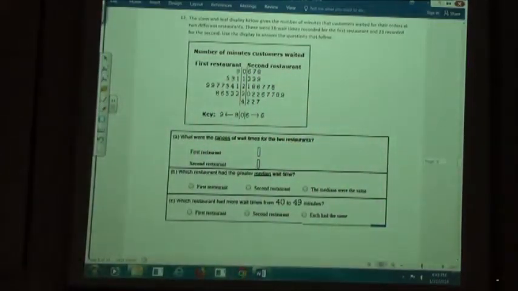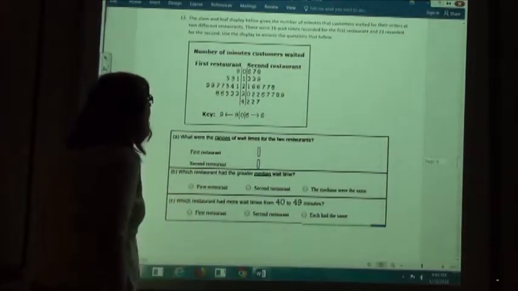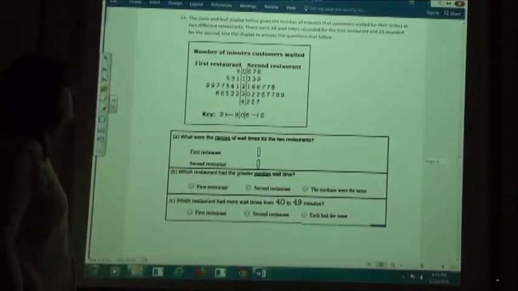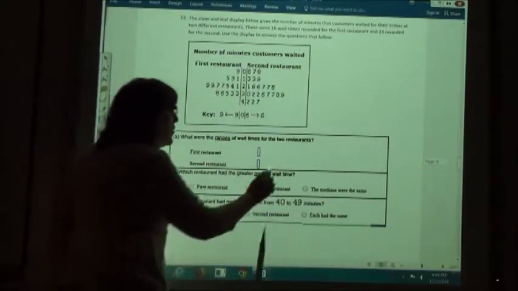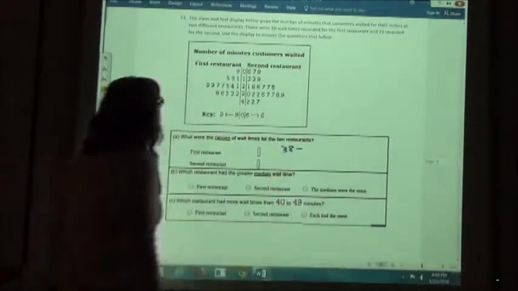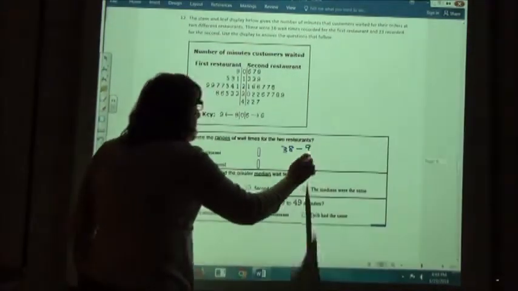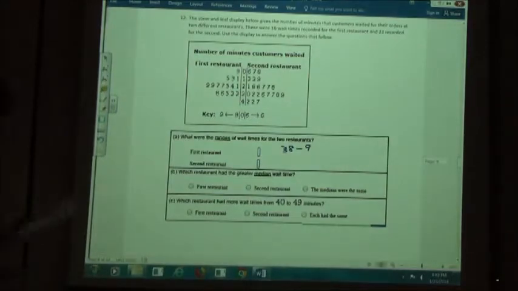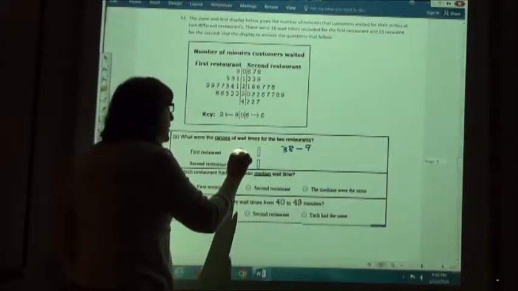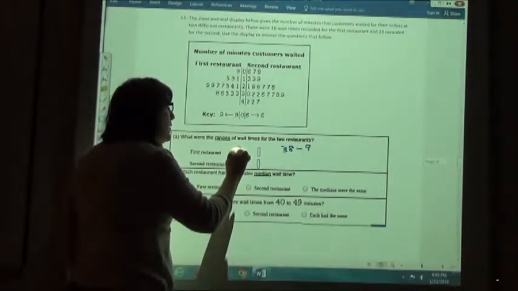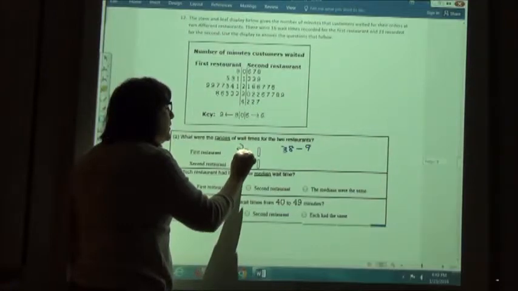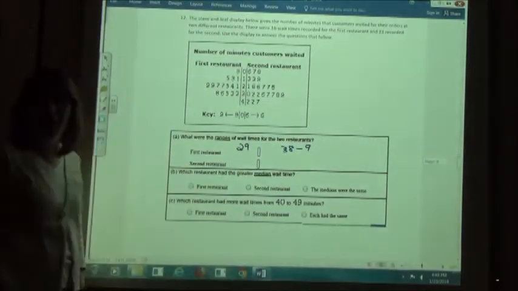Again, we're looking for the ranges of our wait time. First restaurant, my highest wait time was 38. My lowest wait time was 9. 38 minus 9 is 29, right?